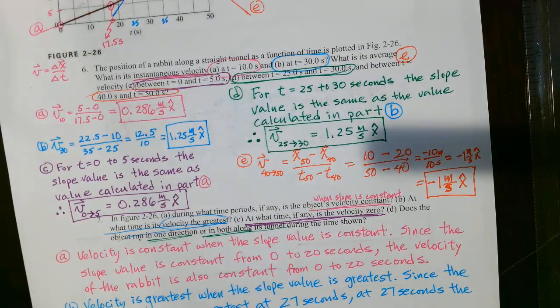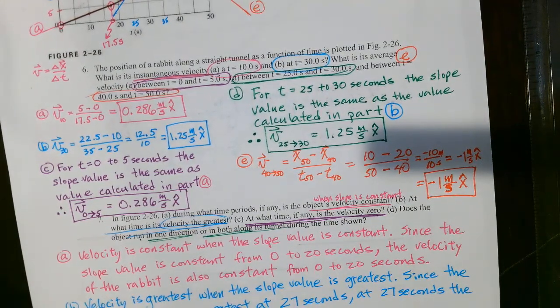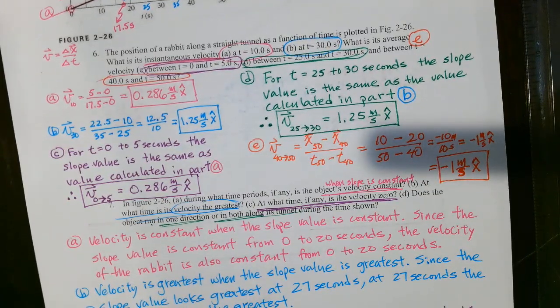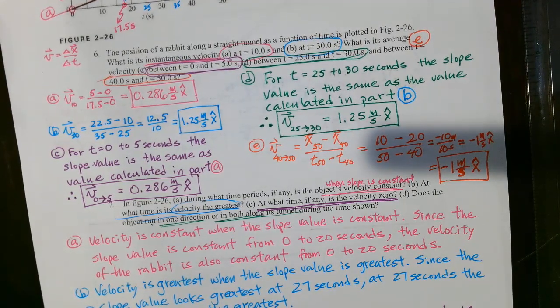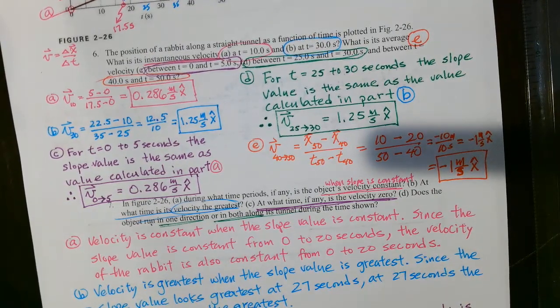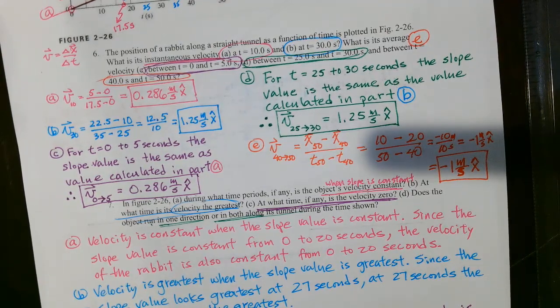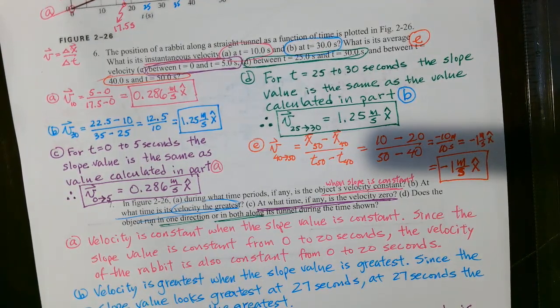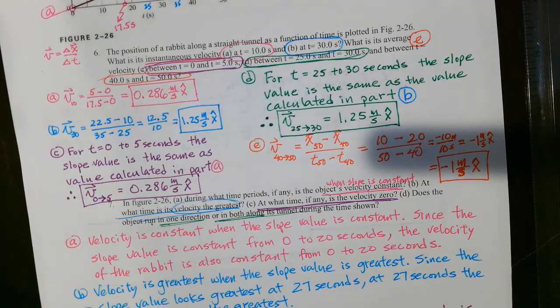So the rabbit runs in the positive direction from 0 to 37 seconds.